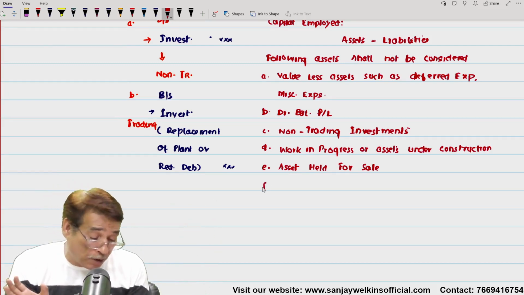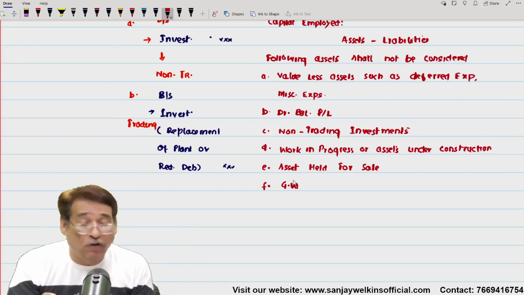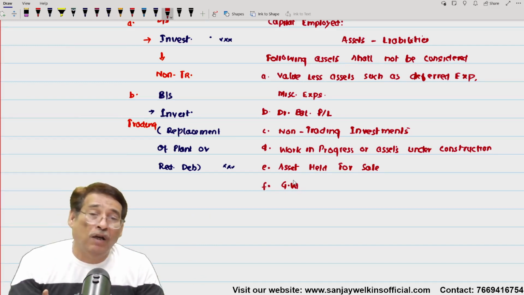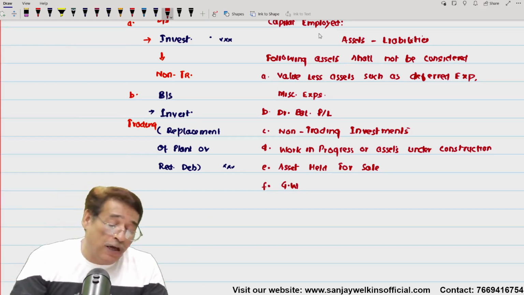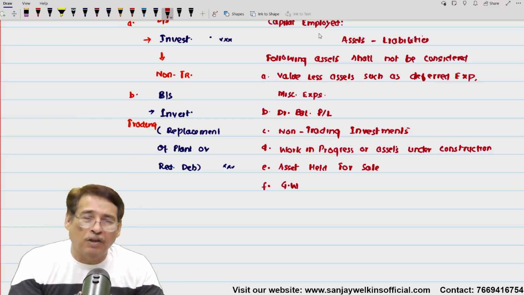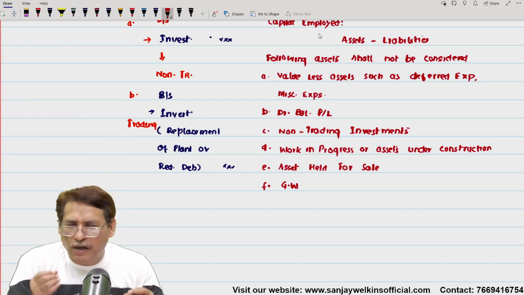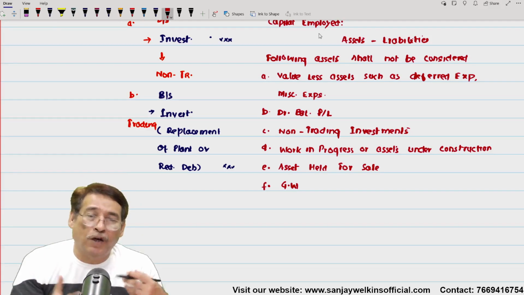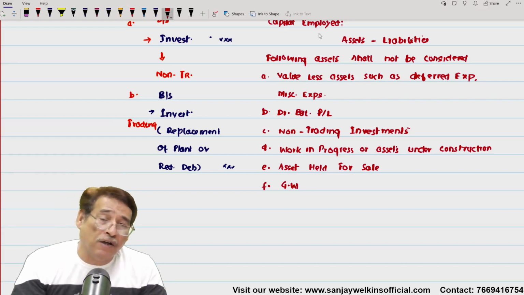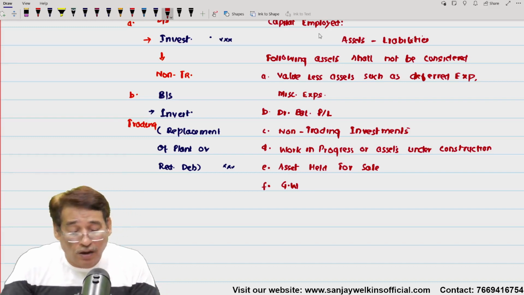And very important, if there is any goodwill in the balance sheet, you will also not consider that simply because you are valuing the goodwill. Generally we will rarely feel the need to compute capital employed. In the rarest of situations, let us say we are supposed to compute capital employed, then this is how it is done. I just wanted to give you an idea. Is it clear to you or not?